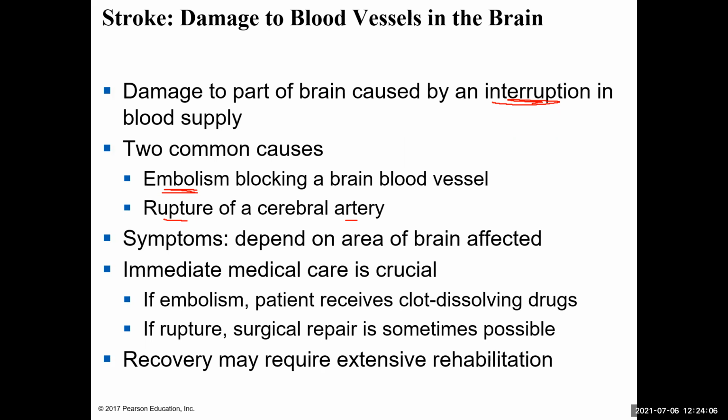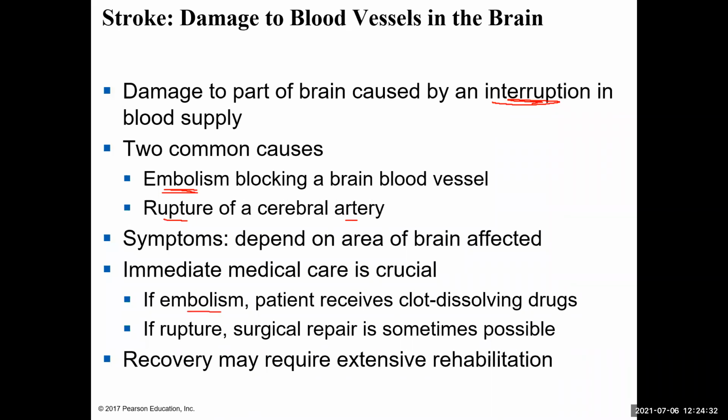And so now you have an interruption of the blood supply around the brain itself. And so your brain's not getting enough blood. And what that does is it leads to a stroke. And depending on what area of the brain is affected determines the symptoms that you would experience if you're having a stroke.